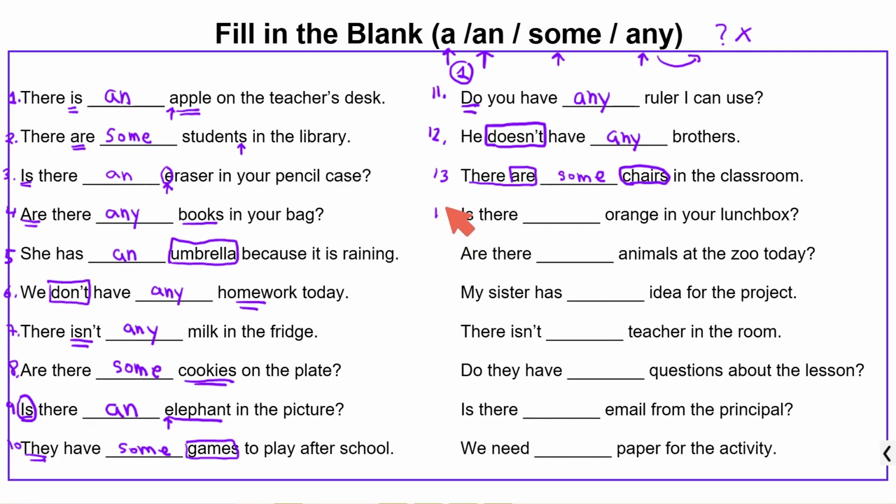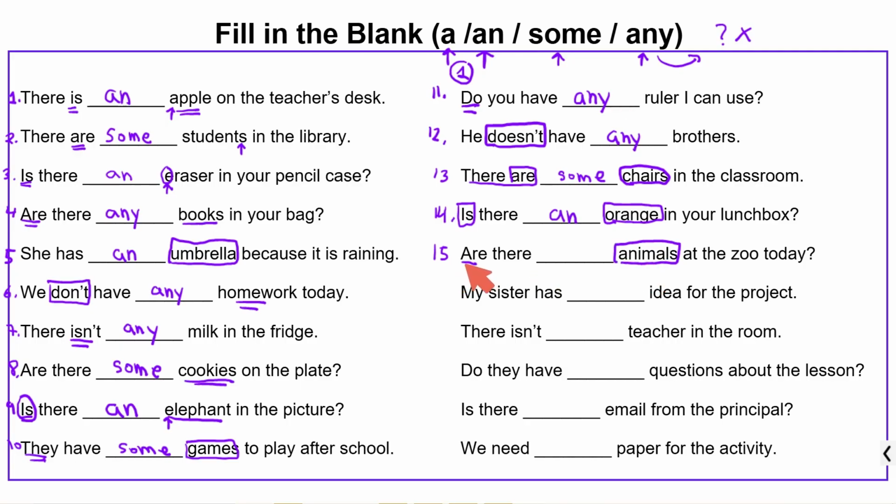Let's look at number 14. Is there blank space orange in your lunchbox? Again, is meaning one. So is there an orange in your lunchbox? And orange refers to one orange. Number 15. Are there blank space animals at the zoo today? Just by reading this sentence, you have to be careful because animals is more than one.